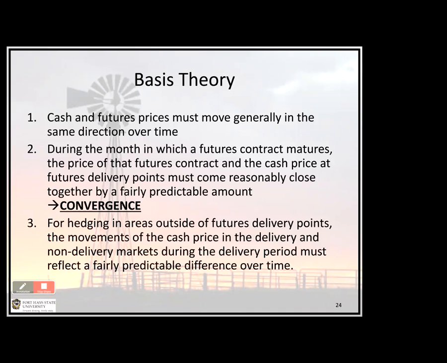If the price of wheat is 50 cents higher in Kansas City than it is in Hays at that time, people will say, I want to deliver on that, and they'll make 20 cents. It's going to cost them 30 cents to get there. So that won't occur for very long, and it'll get back to a fairly predictable difference between the two, and that difference primarily would be what it costs to transport it.